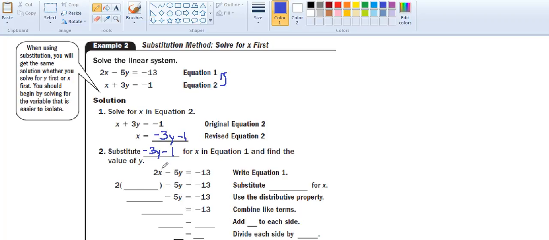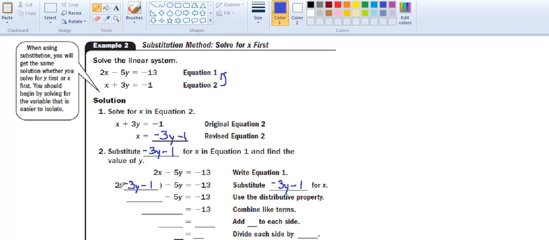So instead of x, here it says 2x, but we're going to put what we have for x, which is negative 3y minus 1. And then this is all the same: minus 5y equals negative 13. A lot of negatives here, so we have to be careful about negatives. Again, what we did was substitute negative 3y minus 1 for x.